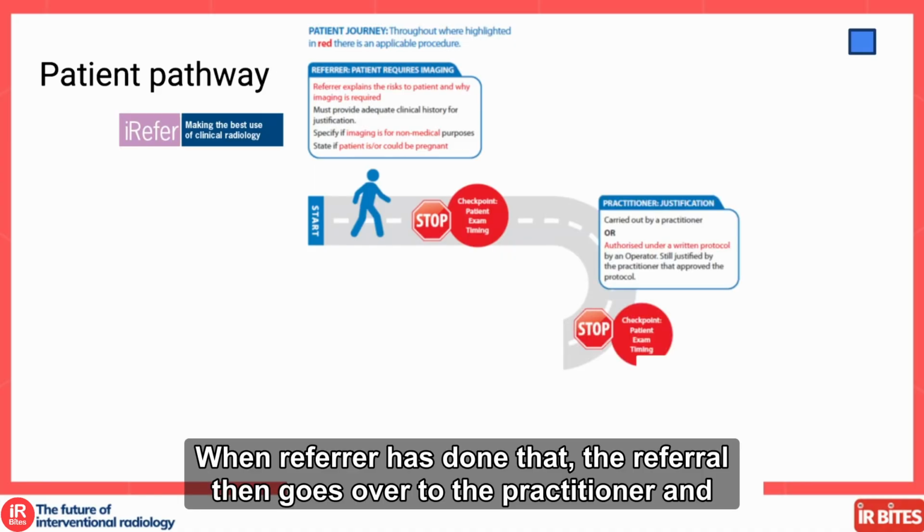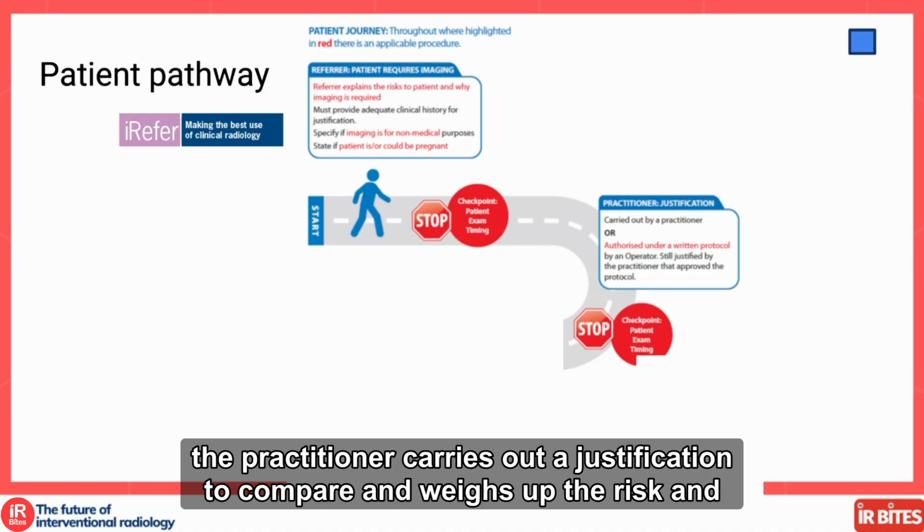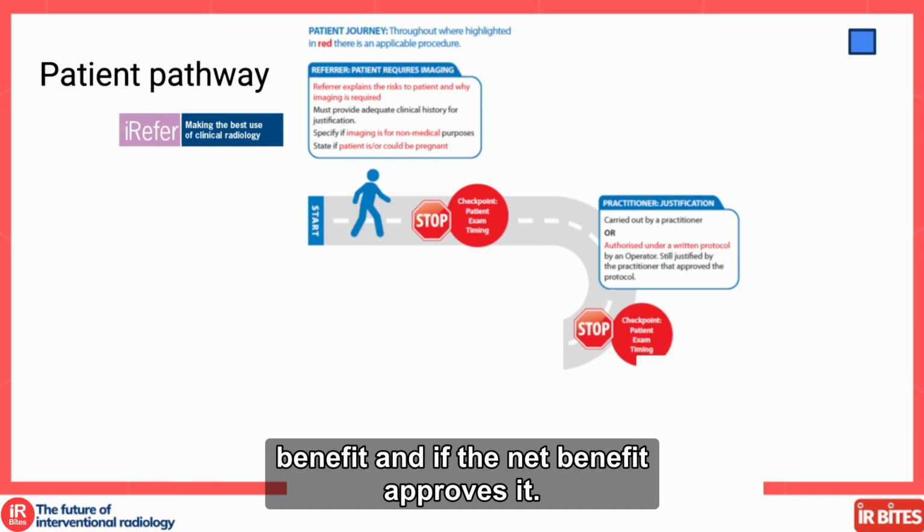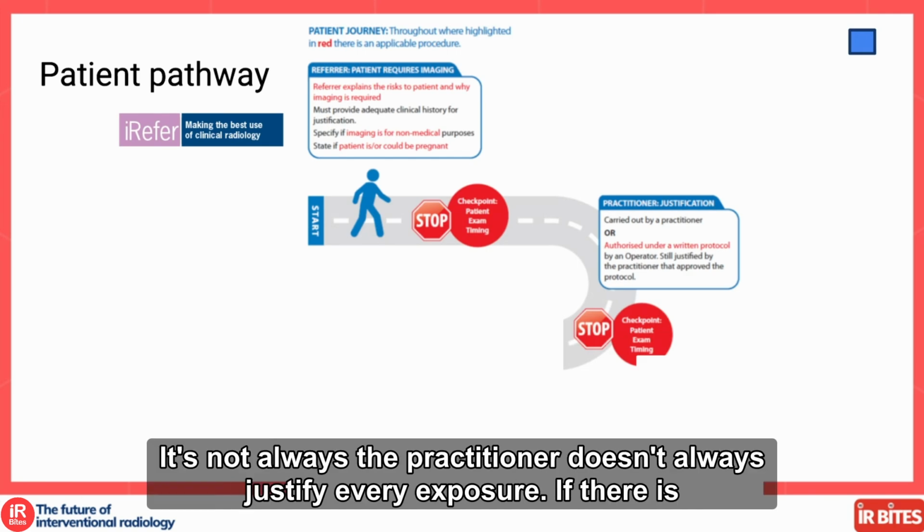When the referrer has done that, the referral then goes over to the practitioner, and the practitioner carries out that justification, weighs up the risk and benefit, and if there's a net benefit, approves it. The practitioner doesn't always justify every exposure.